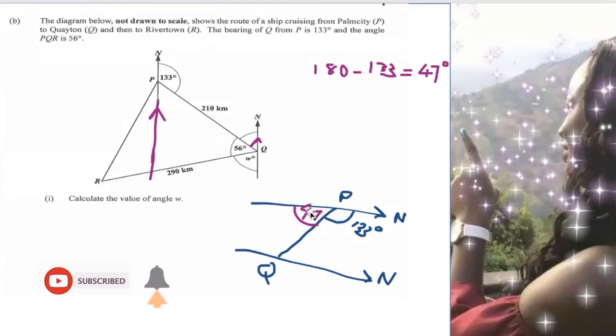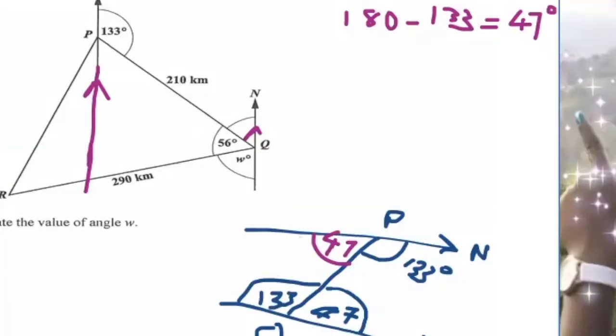Now, if this is 47 degrees, we know that alternate interior angles, if this is 47, then right here is also 47. And we know that if this is 133, then right here, alternate interior angles, this is 133. So what am I getting at?